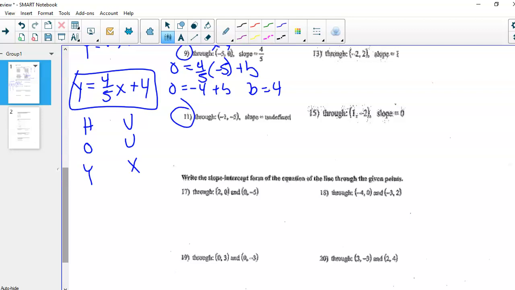So if it's undefined, that means this is an x equals. What does x equal in this ordered pair? Negative 1. That's it. So the other one's going to be negative 2, y equals.